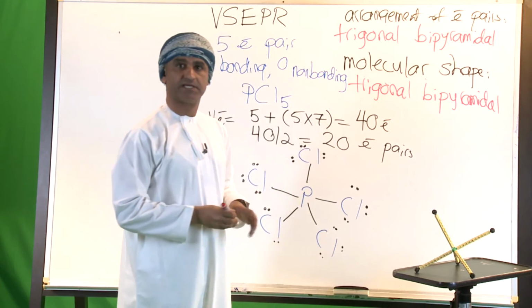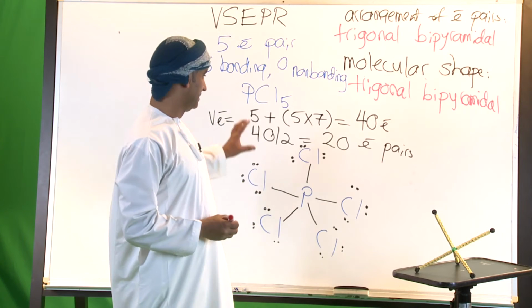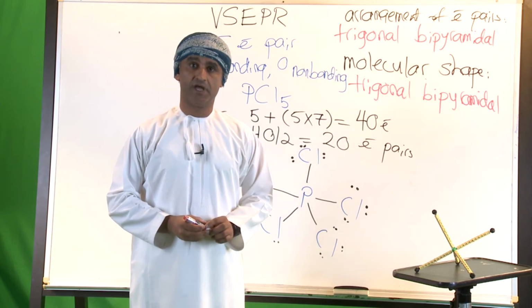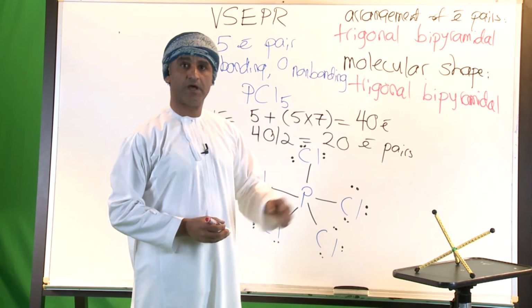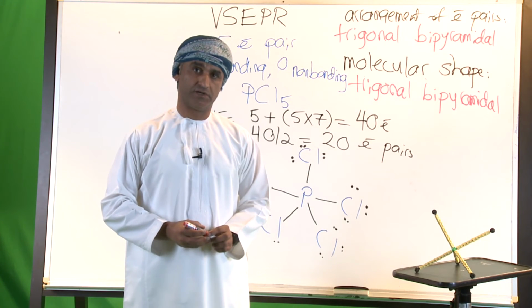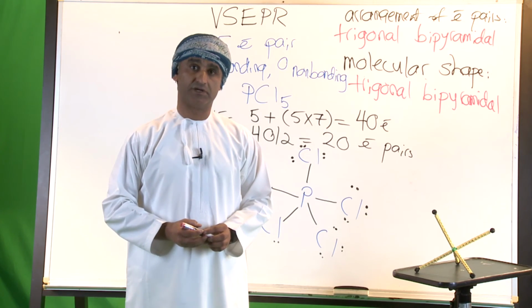To conclude, in phosphorus pentachloride, the total number of electron pairs around the central atom is 5, and all 5 electron pairs are bonding. The orbital shape or the overall arrangement of electron pairs is trigonal bipyramidal, and the molecular shape is also trigonal bipyramidal.